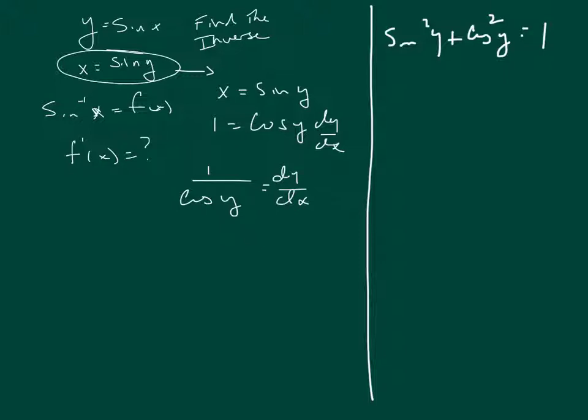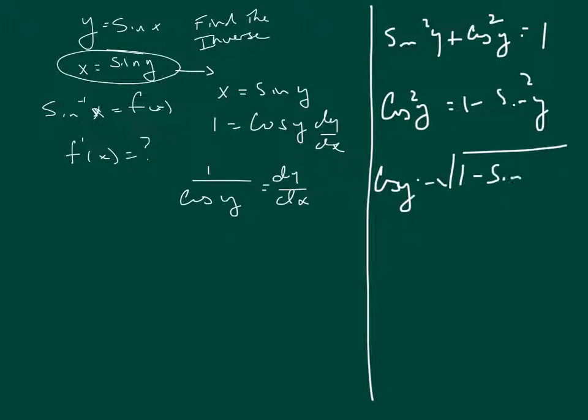If we solve for cosine of y squared, we get 1 minus sine of y squared. And therefore we get cosine of y is equal to the square root of 1 minus sine squared y. And we'll take the positive value because we're dealing with an inverse function, and we know that we are going to run into function domain rules.